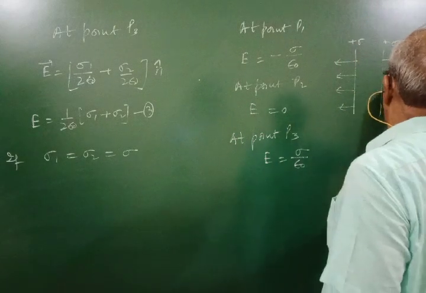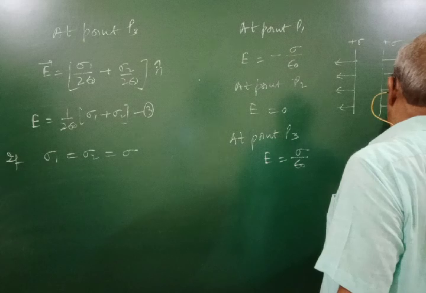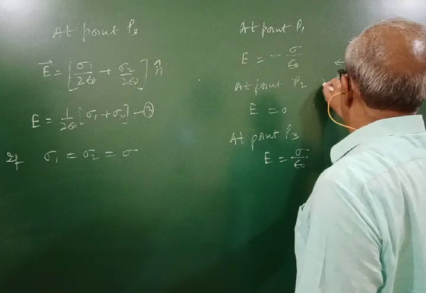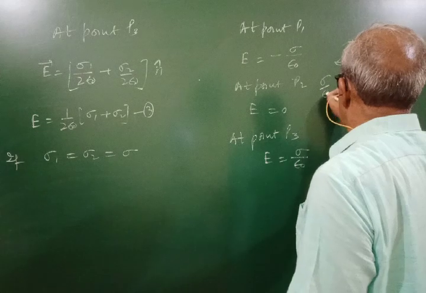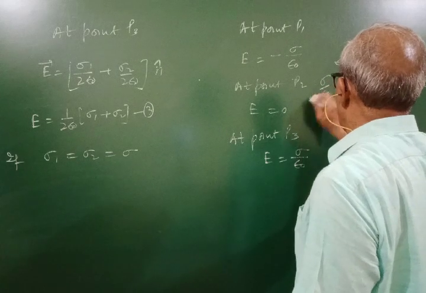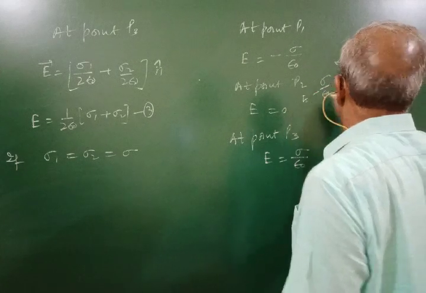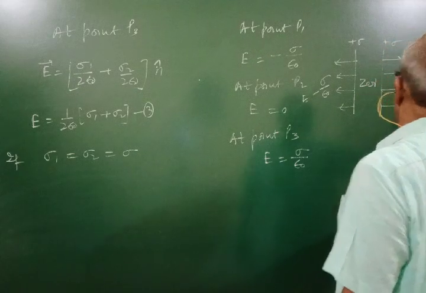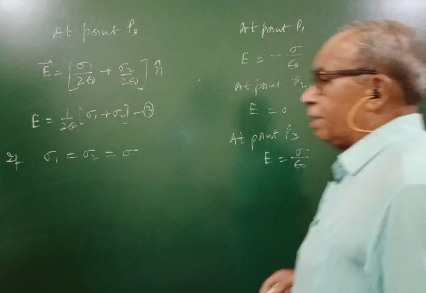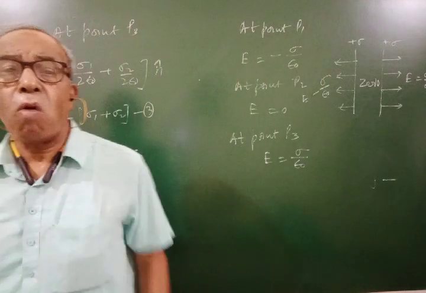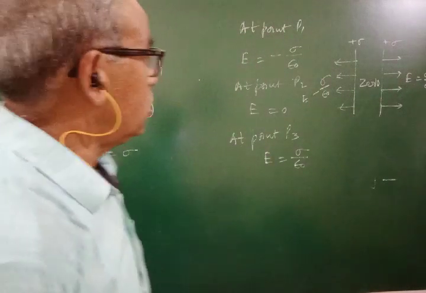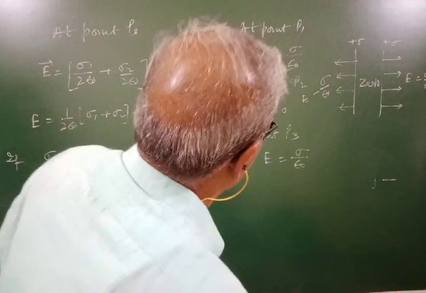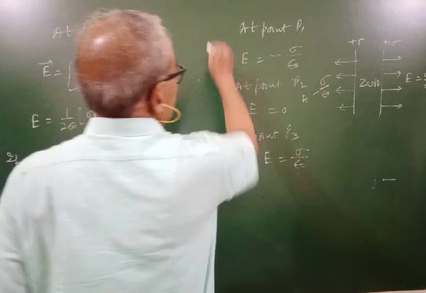People are confused about this short and large distance. Here the field is sigma upon epsilon 0 with a minus sign, and here E is equal to sigma upon epsilon 0, but between the plates it will be 0. Now if sigma 1 is equal to plus sigma, this was condition 1, brother.